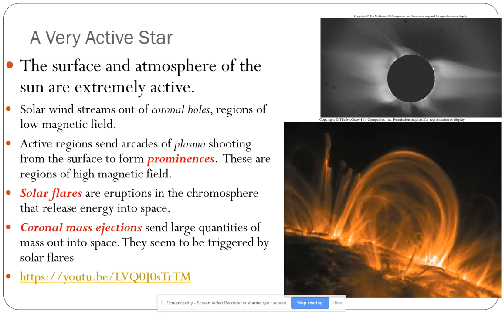Totally cool, right? You tend to not realize the sun is doing crazy, wacky things like that.